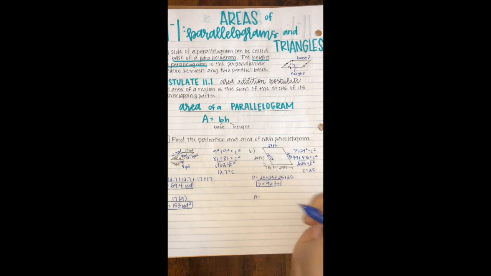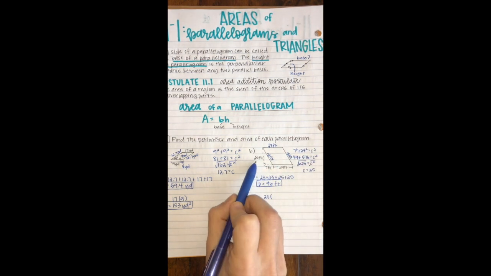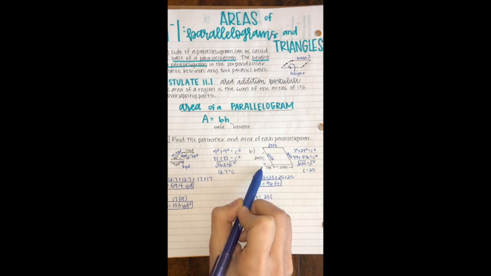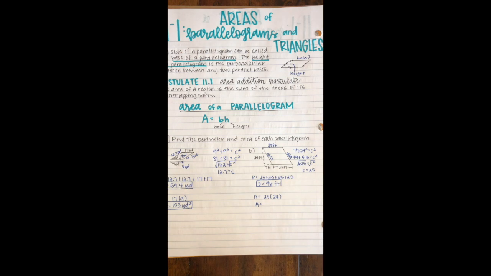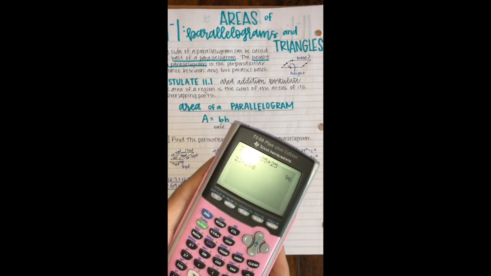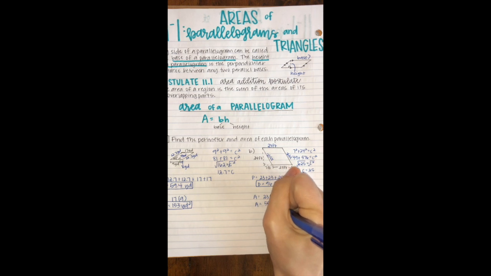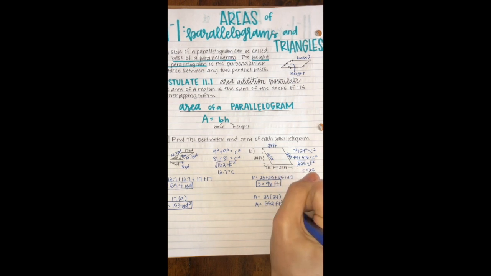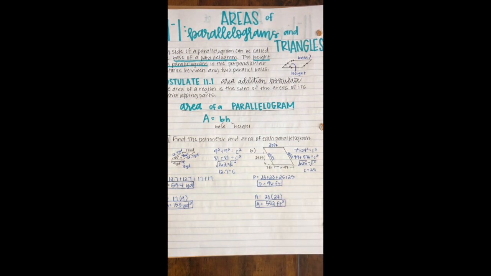And then for area, base times height, the base is 23, the straight height is 24. This is that straight height that connects the two bases. So do 23 times 24, and we get 552. And that will be feet squared. So our perimeter is 96 feet and our area is 552 feet squared.